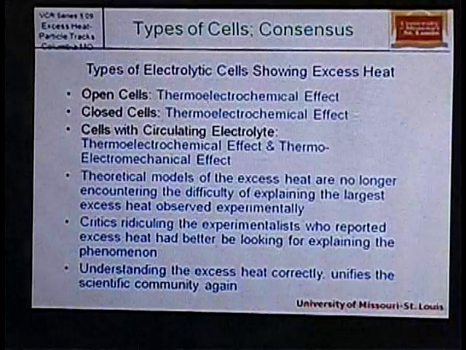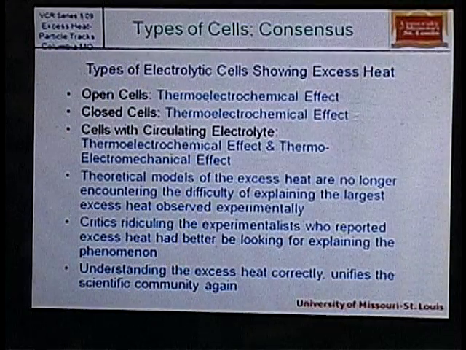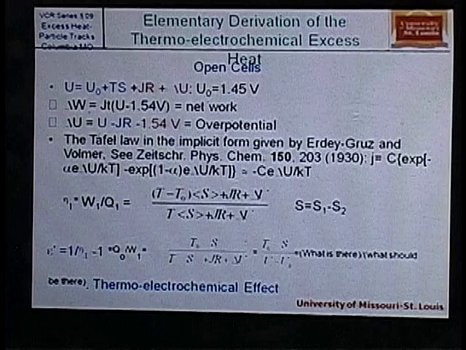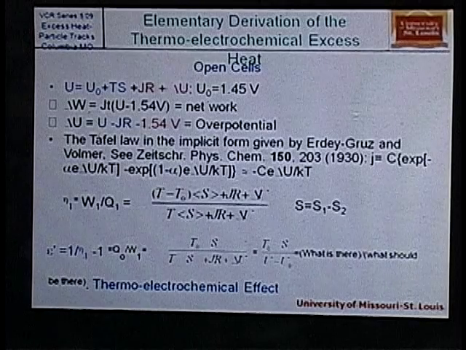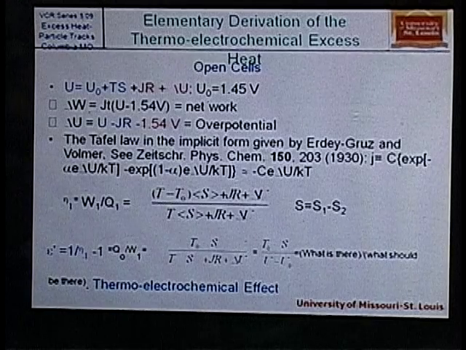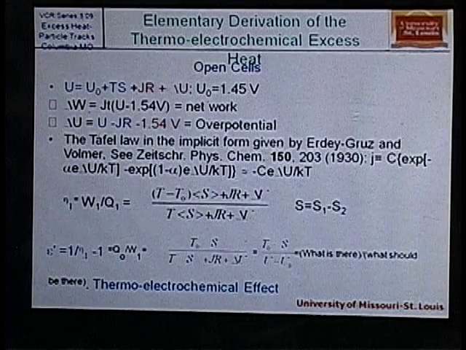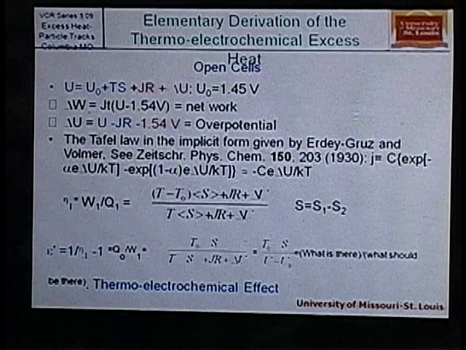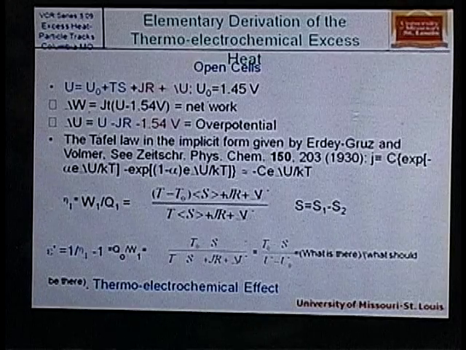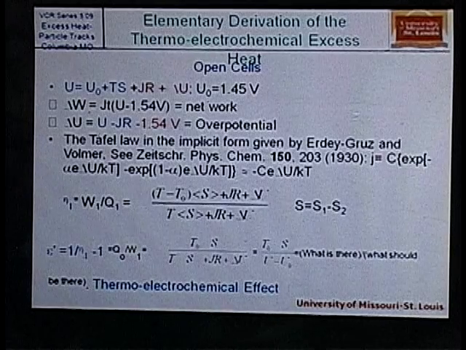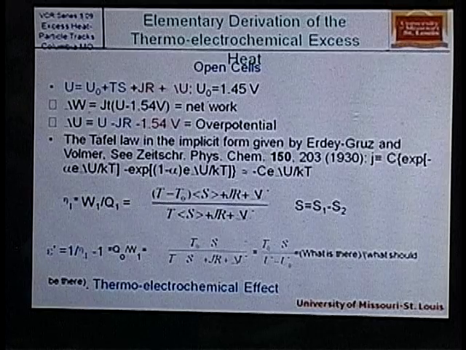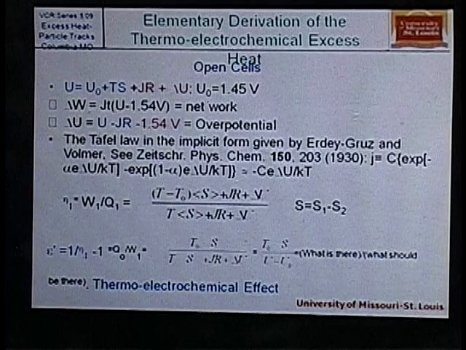And so I just want to say what we are dealing with is the following. The applied voltage, U, is the sum of the voltage necessary to create oxygen and hydrogen. That is, in fact, the thermodynamically calculated EMF of the galvanic element.